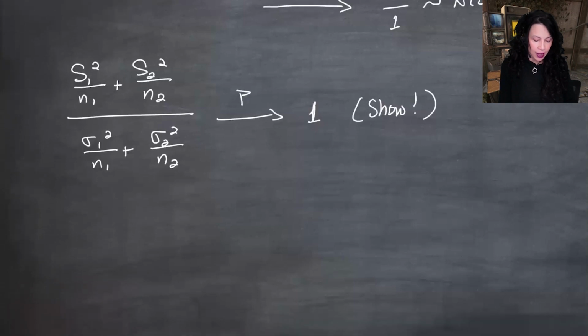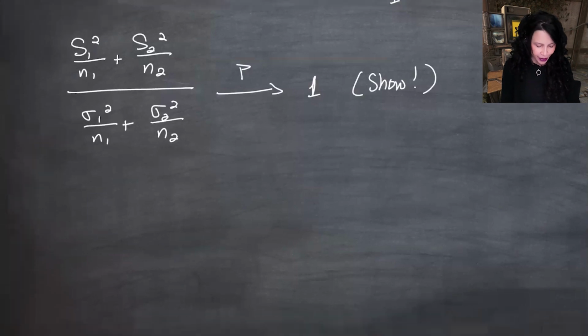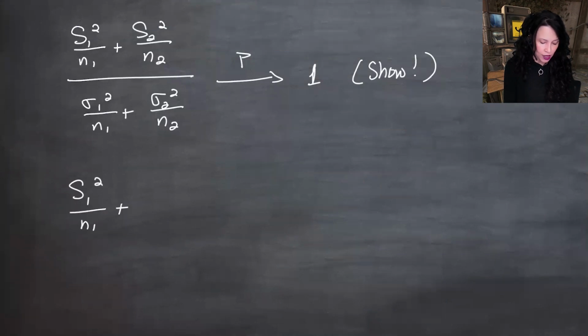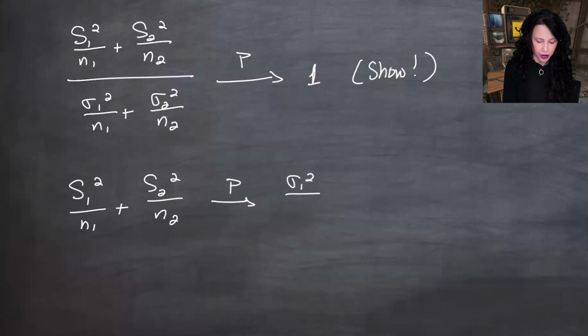So here's another thing that I've been seeing people do incorrectly. You don't want to show that s1 squared over n1 plus s2 squared over n2 goes in probability to sigma 1 squared over n1 plus sigma 2 squared over n2.